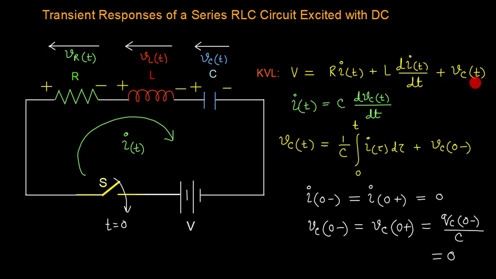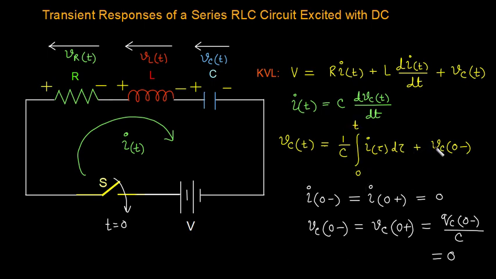Vc is the voltage across the capacitance. As we know, current through a capacitor is C times the time derivative of voltage across it. Therefore, voltage across the capacitor can be written in this form: 1 upon C times the time integral of current under the limit 0 to t.